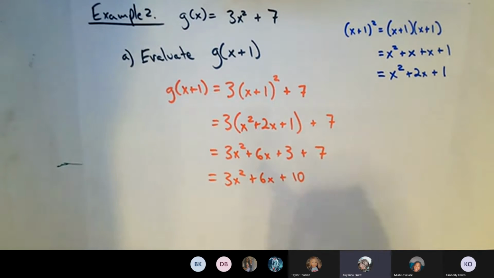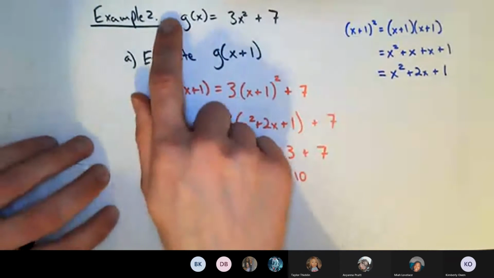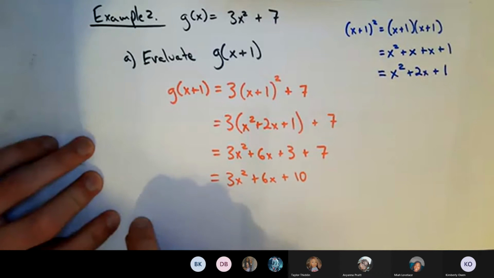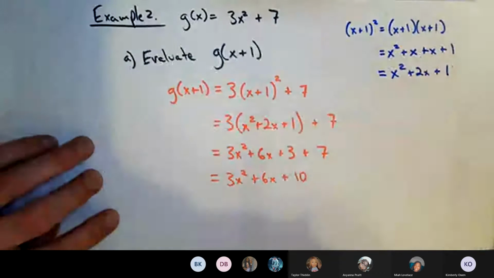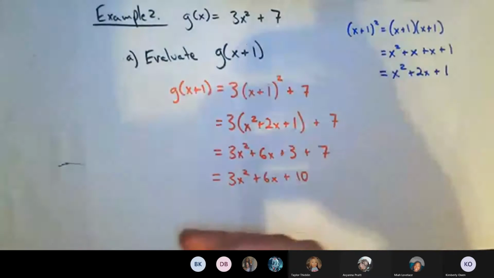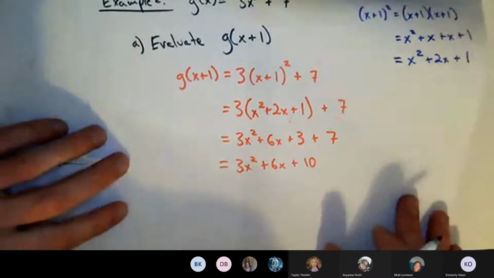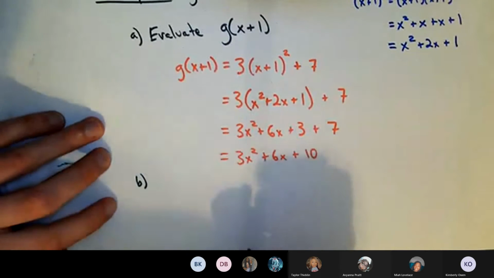Okay, cool. All right, so I will, but first I want to do a second part. So this example 2 is dealing with this function. I want to do a part B to this, just to make a point, and then we will do another example with a different function. Okay, so part B here is going to be slightly different.